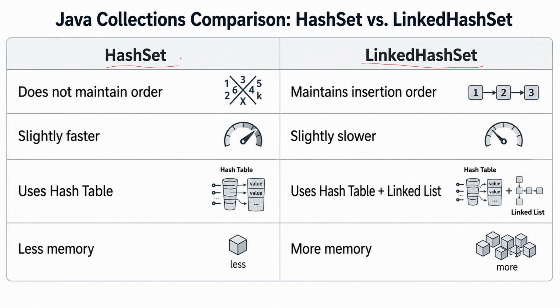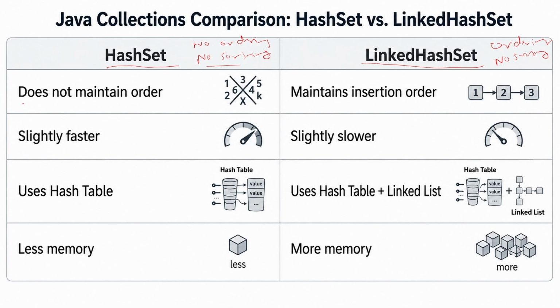And apart from duplicates, HashSet we know has no ordering and no sorting. What does it mean? Ordering means it will not remember the order of insertion of the elements, and sorting also it will not provide. If we talk about LinkedHashSet, it maintains the order of insertion, so it follows ordering but no sorting. Ordering means it will maintain the order of insertion.